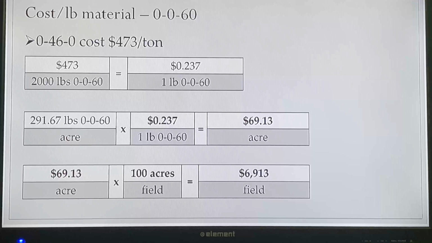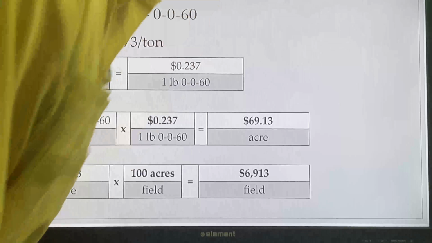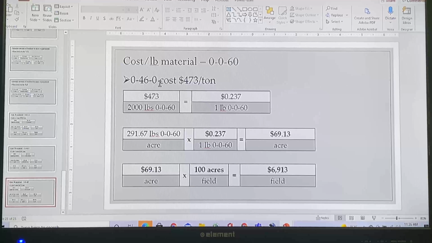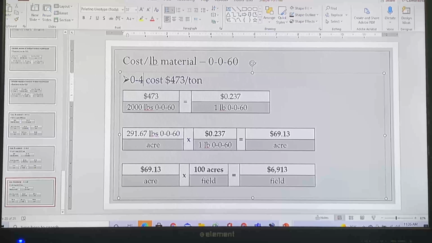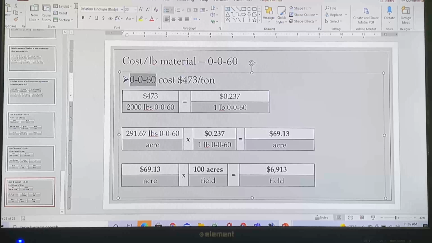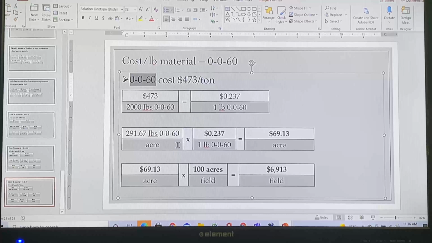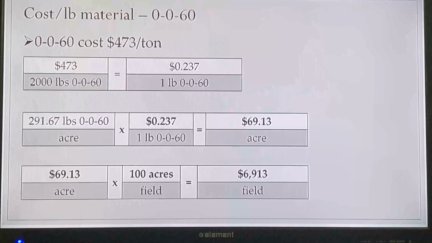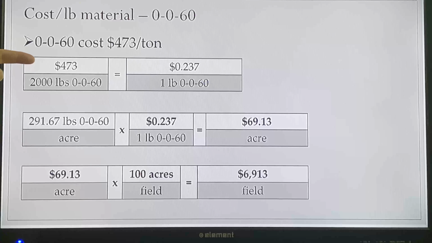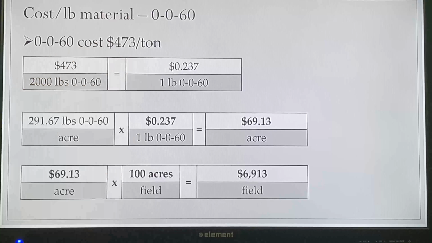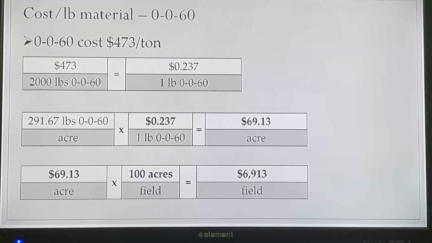Do the same thing with the K2O. I see that I made that mistake. I'll fix that. There we go. Problem solved. We know that we have $473 for this ton. That comes out to be about 23.7 cents per pound.